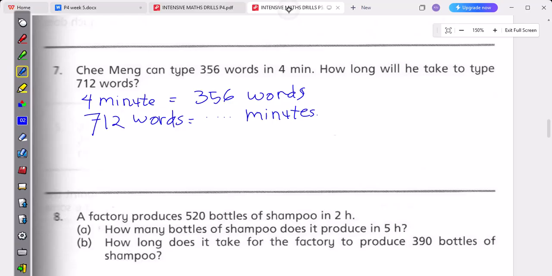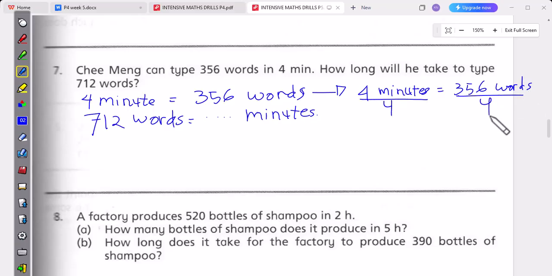Okay. To solve this question, we need to find the rate of how many words can be typed in 1 minute. So here we have the information, 4 minutes equal to 356 words. To find how many words can be typed in 1 minute, we divide this one by 4 and this one by 4 as well.